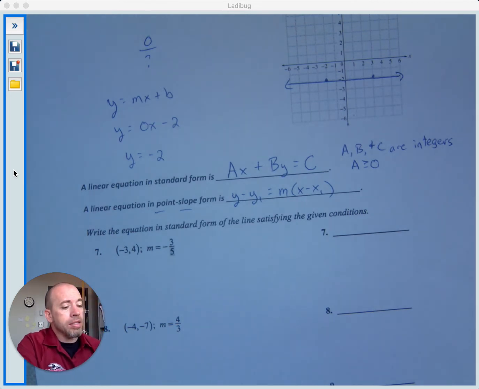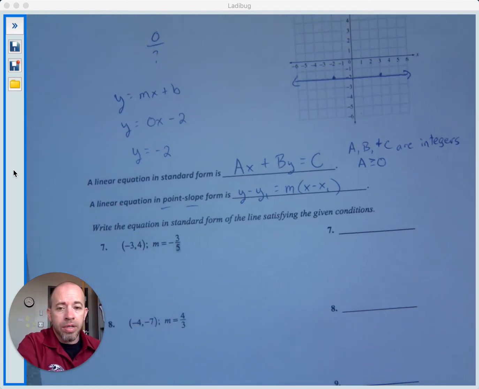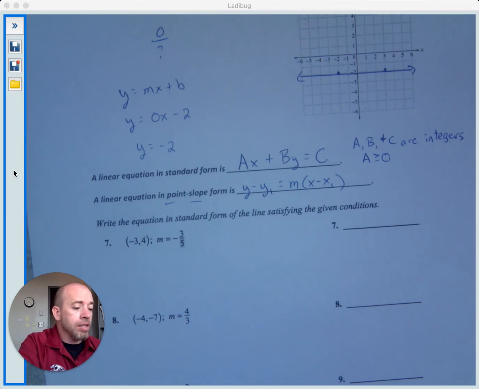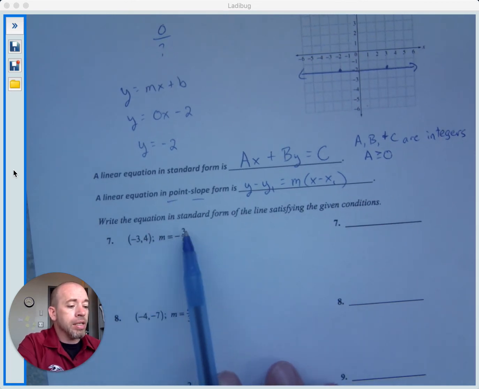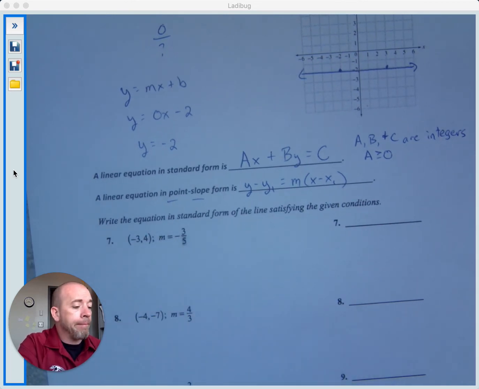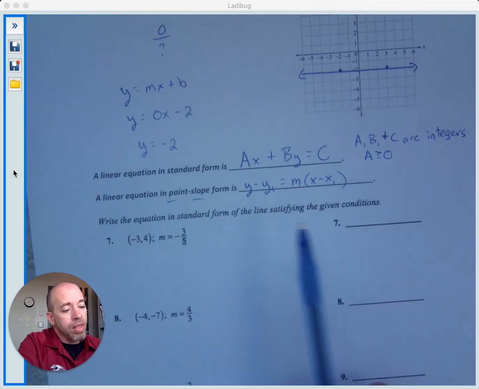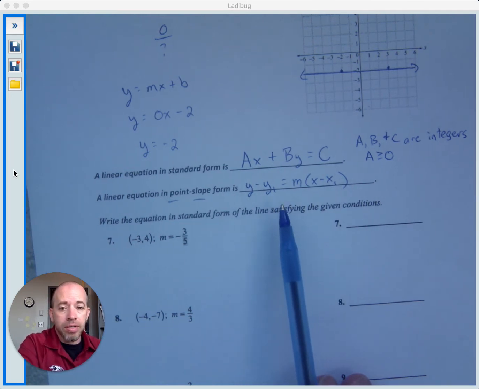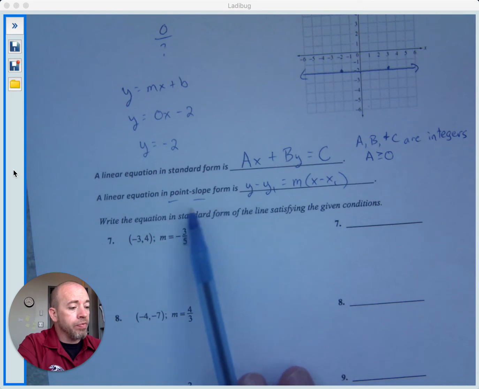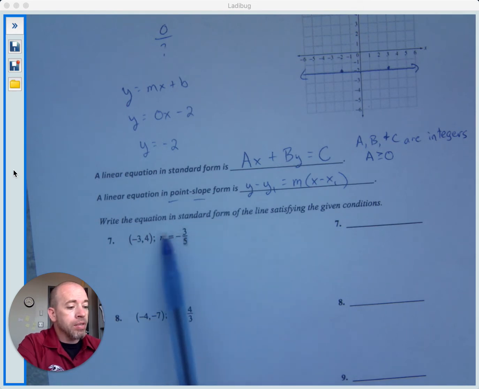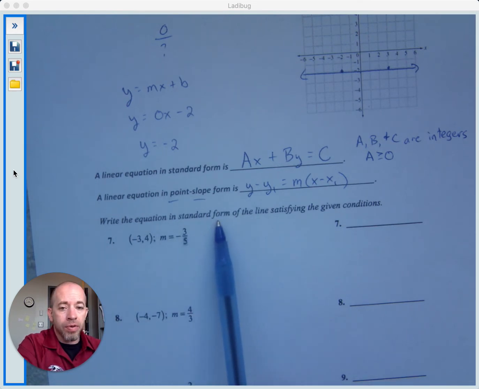So we're asked in these next few examples to find equations of lines where we're given a point and a slope. Now, it would make sense if we're given a point and a slope to use point-slope form. We're asked to write our equation in standard form though.